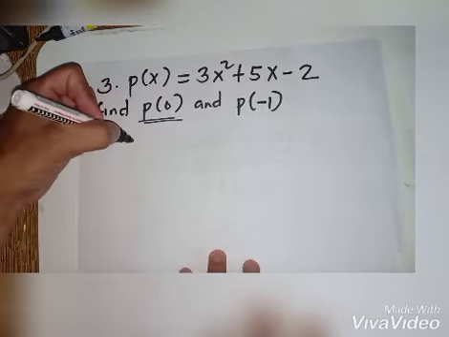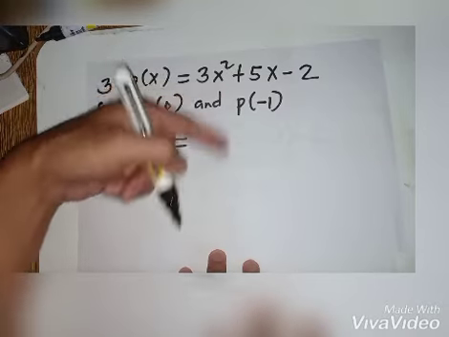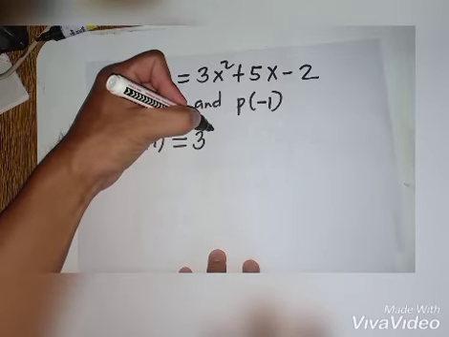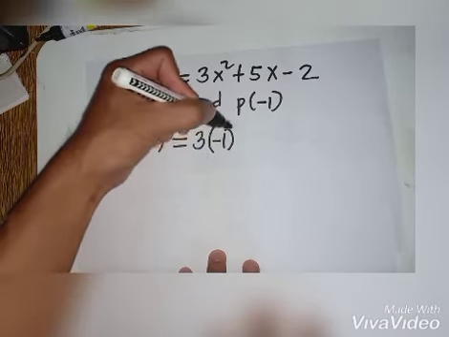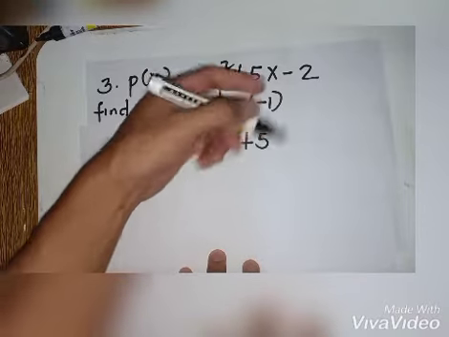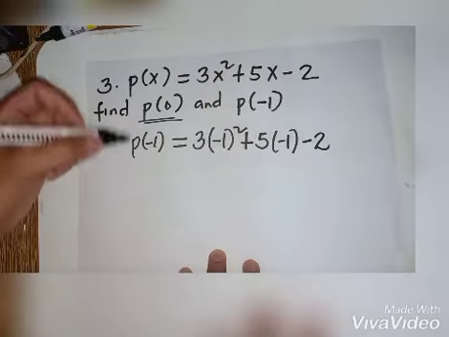So we have p of negative 1 is equal to 3, then substitute the value of x, which is now negative 1 squared plus 5 times negative 1 minus 2.